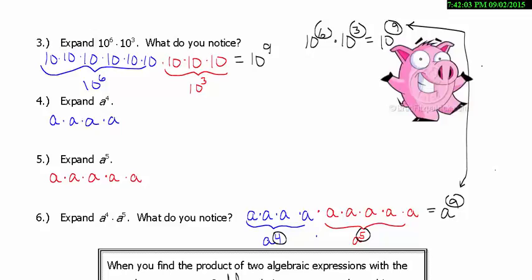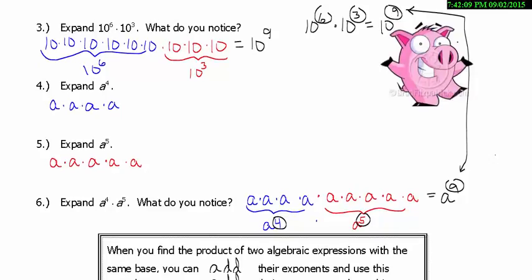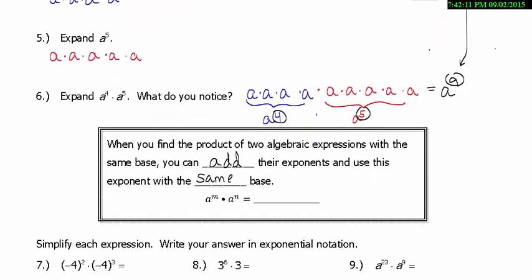So the tens stayed as tens. The a's in the next few questions stayed as a's. So the base always stays the same. So if we were to finish what I wanted to write in this box, the general form would read a to the m times a to the n is equal to a to the m plus n.